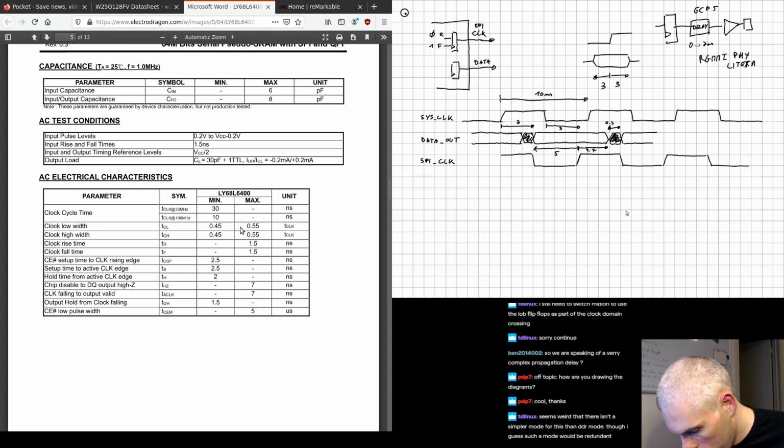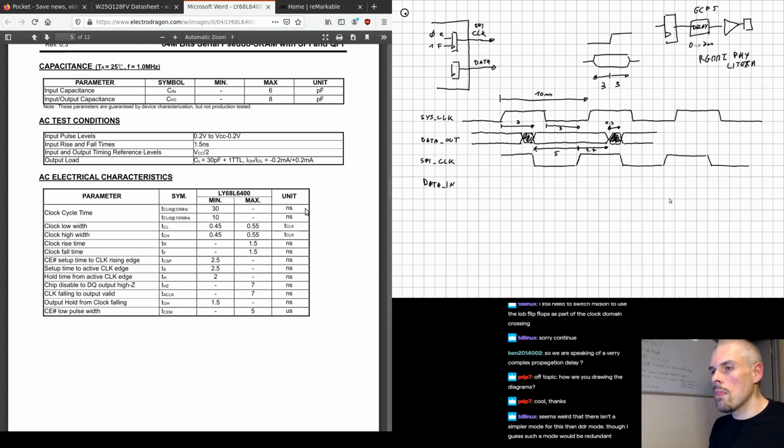Data in. So we said that it shows up 1 nanosecond after the SPI clock. Obviously the SPI flash has no idea of the clock inside the FPGA.